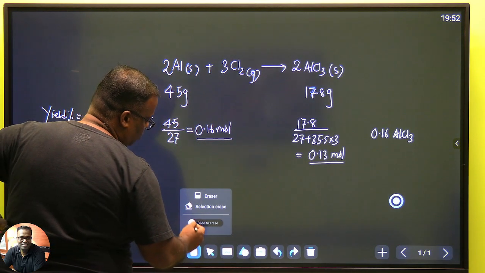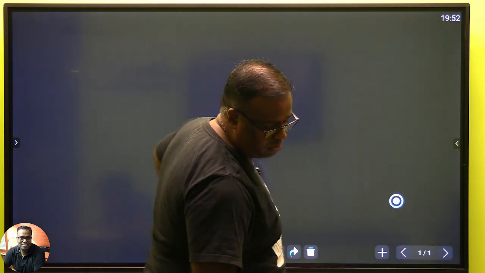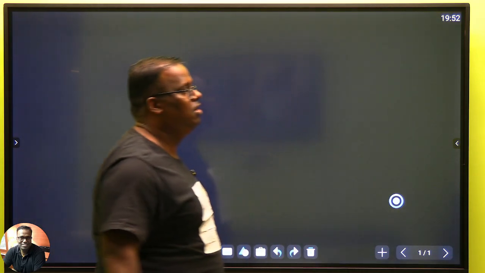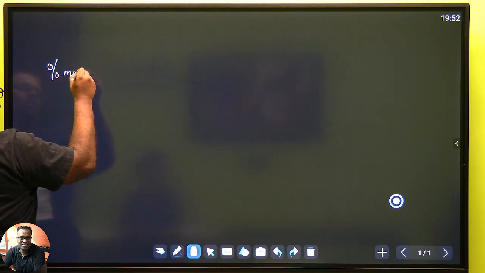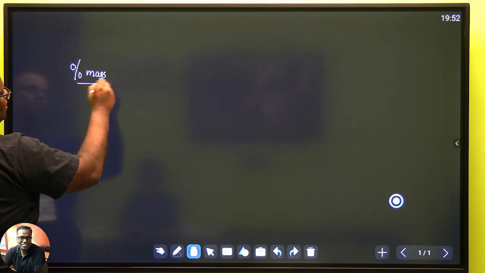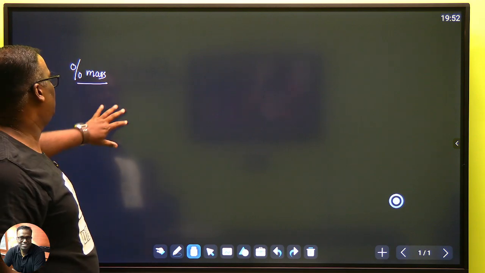This brings us to the next section, which is mass percentage, composition of mass, percentage composition, mass percentage. Okay, ये सब एकदम easy चीज है. Percentage mass. Now, whenever we talk about percentage mass, you will ask me, sir, किसका mass निकाल रहे हैं?